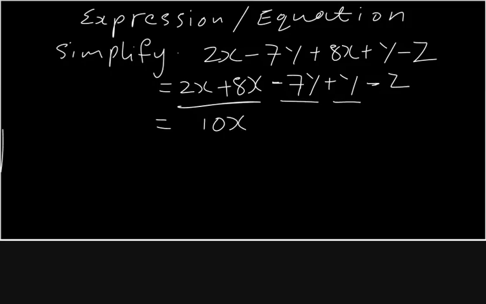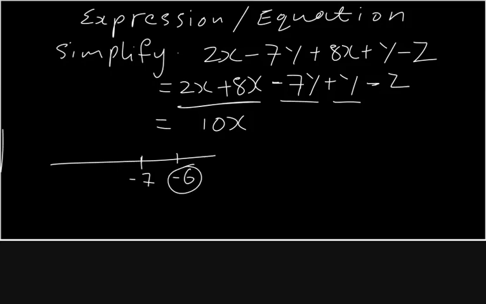Remember your rule of signs. Go and draw your number line and use it. Here is minus 7. If there is minus 7 and you are adding 1, you move one step to the right, so it becomes minus 6.